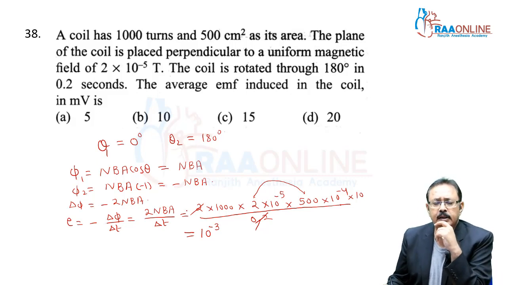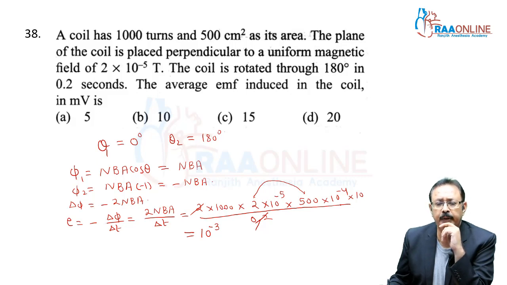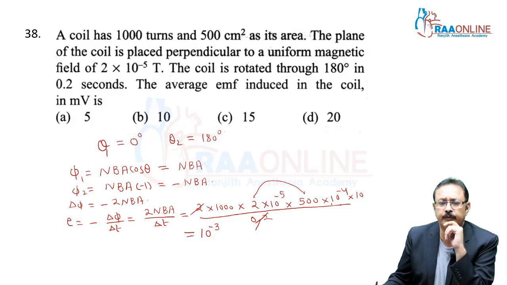The coil is rotated through 180 degree in 0.2 second. See, it is 2 NBA, N number of turns 1000. B is 2 into 10 to the power minus 5. Area was 500 into 10 to the power minus 4. The plane of coil is this in 0.2 second, delta phi by delta t.